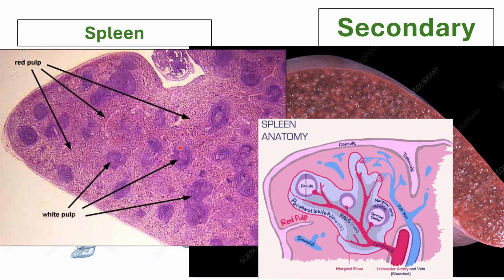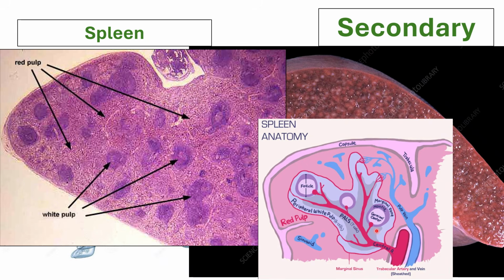And at the center of each of these nodules, you would have your central arteries, which sometimes in histological preparations will not be technically in the center, because if there is a need for the formation of more T cells, the peripheral arterial lymphatic sheaths surrounding it will expand, and sometimes the central arteriole will be delegated to the side, and that's okay.